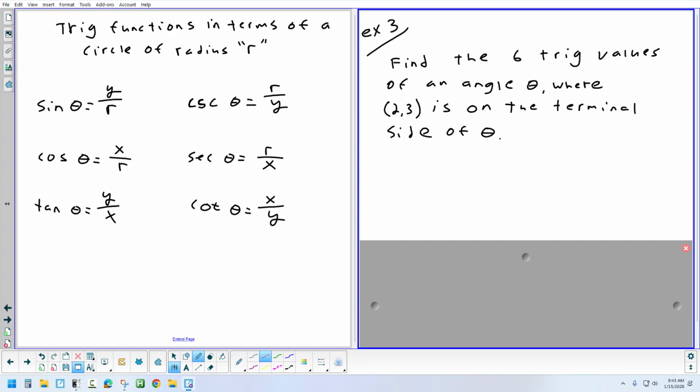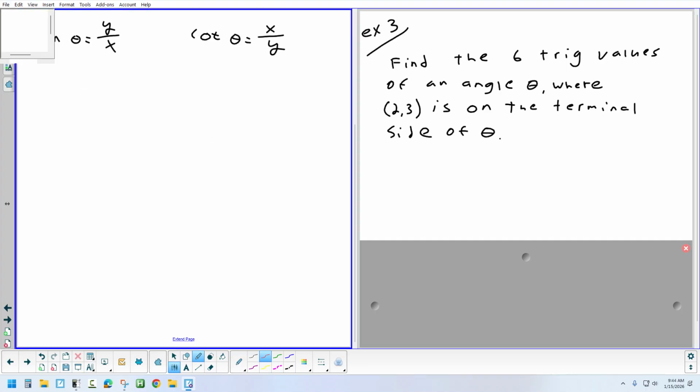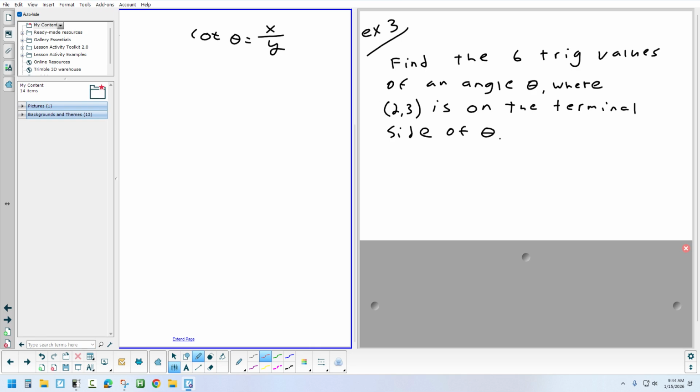Is (2, 3) a coordinate that we saw when we did unit circle trig? No, we had coordinates like root 2 over 2, root 3 over 2, 1/2. (2, 3) is not a coordinate that ever came up.